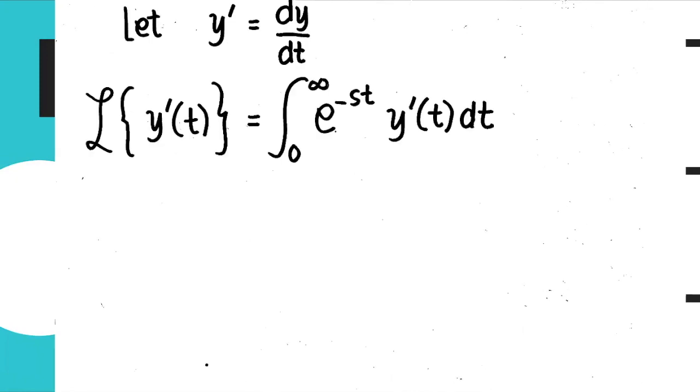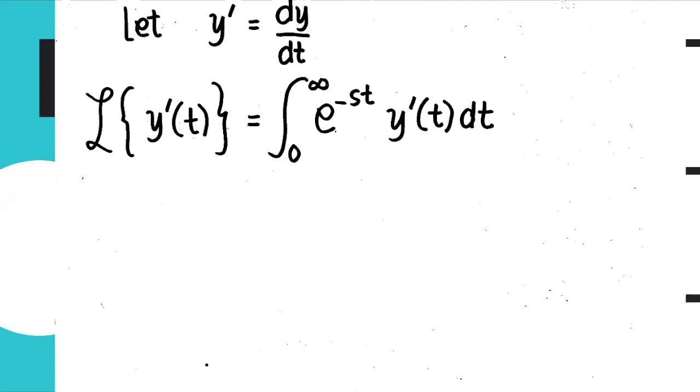If we take the Laplace transform of the first derivative of y with respect to t, of course we are going to use the definition of Laplace transform, which is the integral of e raised to negative st times the first derivative of y with respect to t, with limits from 0 to positive infinity. We are integrating with respect to t.